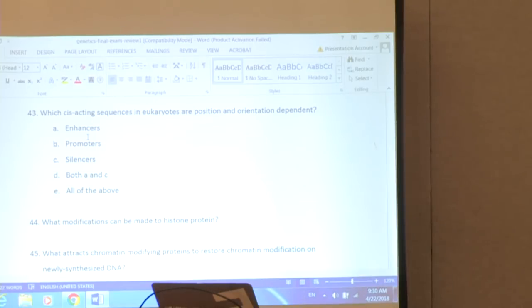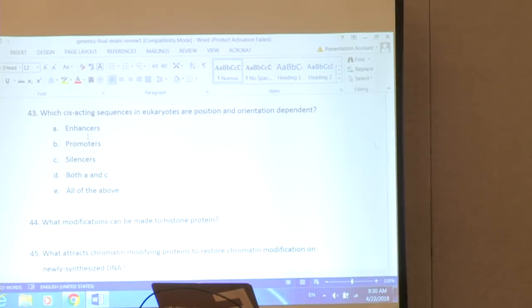So what types of modifications? Yeah, methylation, right? So methyl groups promote or inhibit transcription. Inhibit, right? You can think that the methyl group is sticking up on top of a DNA base and it's preventing enzymes from coming in and doing what they need to do.